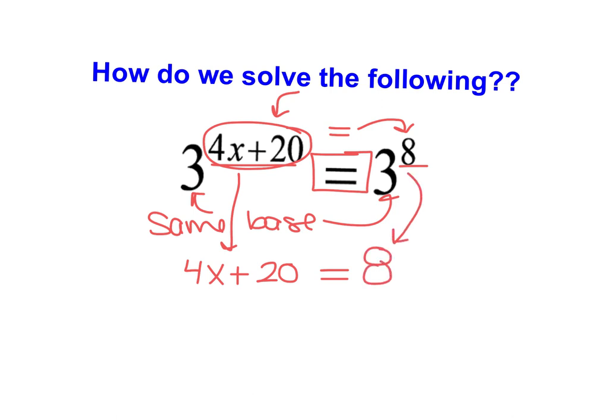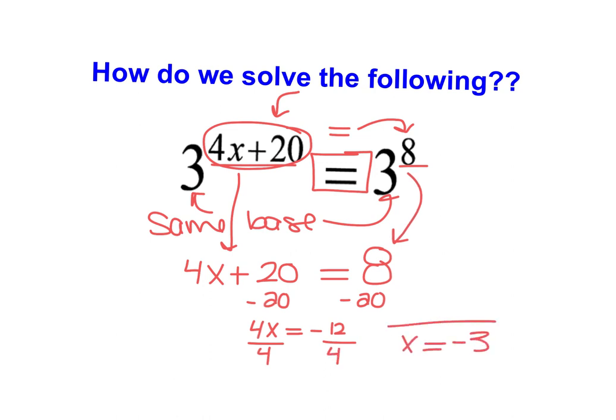So we can set them equal to each other and then solve, just like a normal one variable linear equation. Here we subtract 20 from each side. We have 4x is equal to negative 12. Divide both sides by 4, and we find x is equal to negative 3.